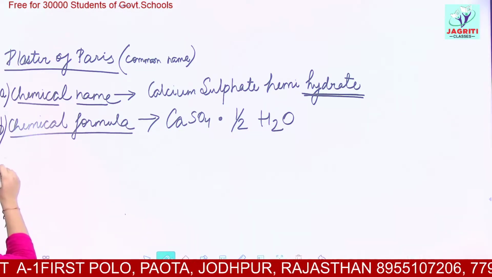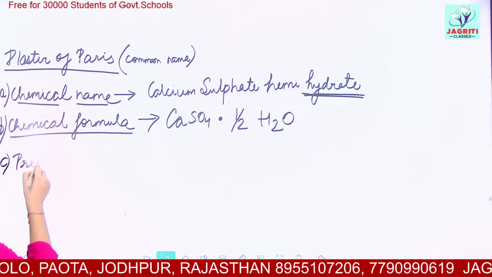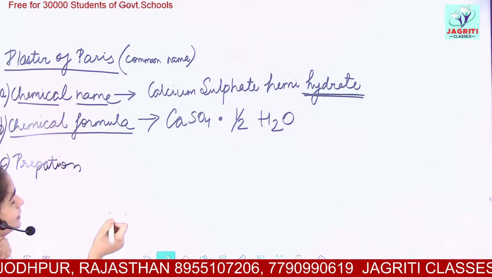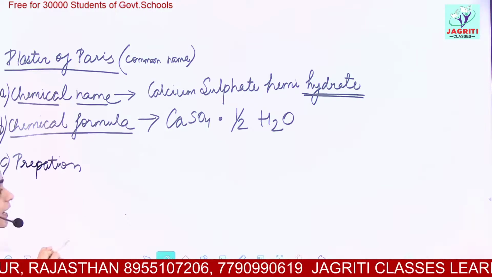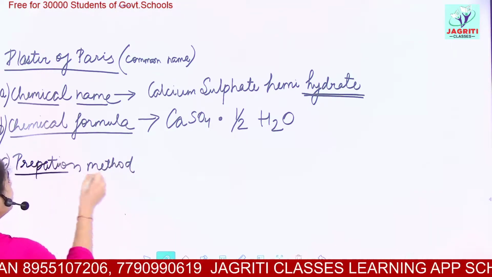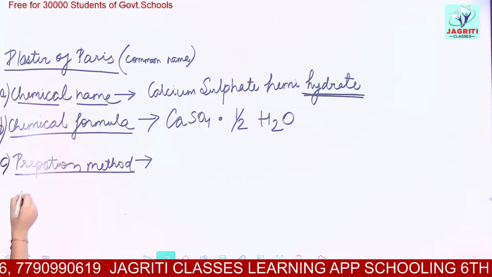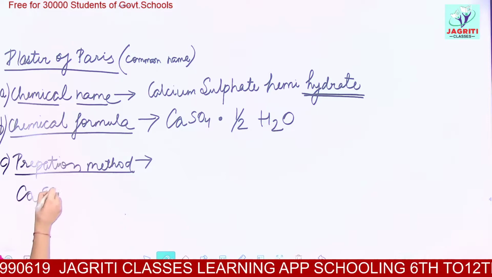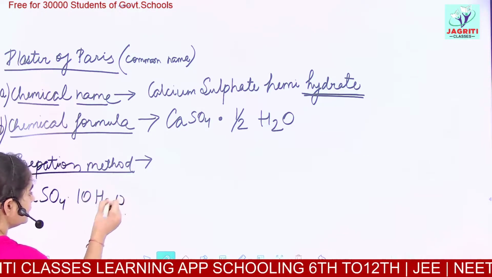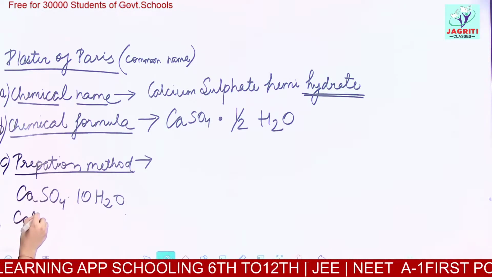Now what we'll study next is its preparation. The preparation method of plaster of Paris, or I should say calcium sulfate hemihydrate. How is this prepared? For the preparation, we take calcium sulfate decahydrate as the reactant.